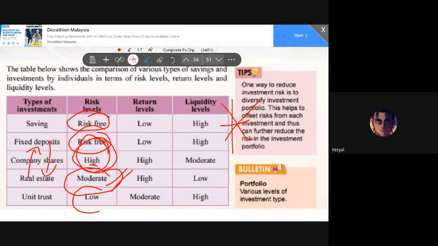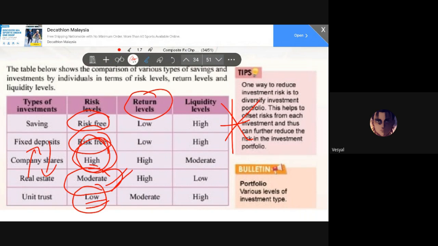Unit trust is low because, as we said earlier, it's managed by a qualified professional investment manager. So that's why it's low, because he knows how to manage things better. So far the risk level, understand, don't just memorize. So far okay for risk level?